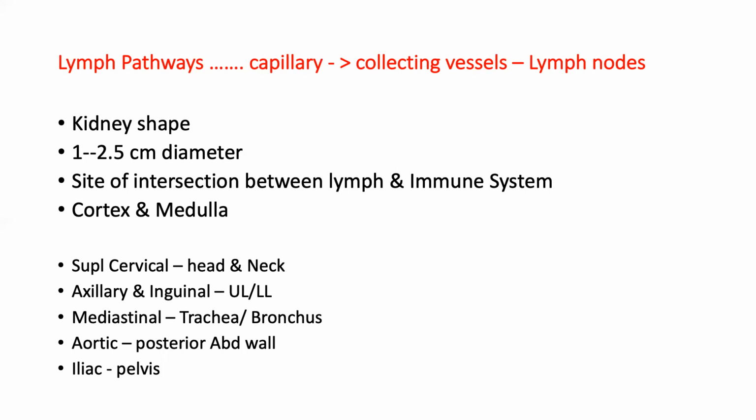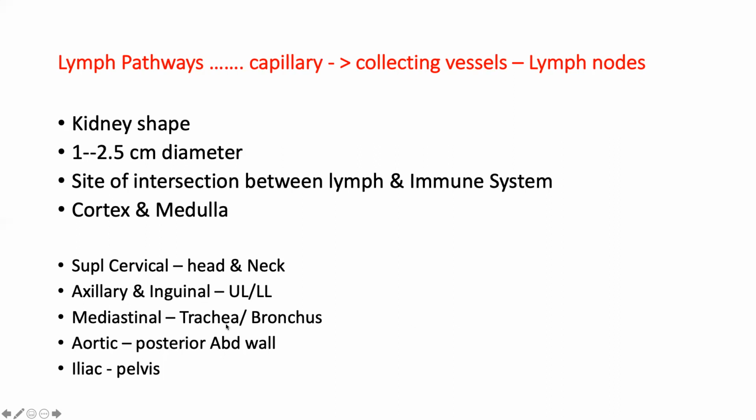For example, lymphatics from the head and neck will be draining into the superficial cervical lymph node group. The same thing, upper limb lymphatics will be draining into the axillary lymph nodes, and lower limb lymphatics will be draining into the inguinal lymph node group.